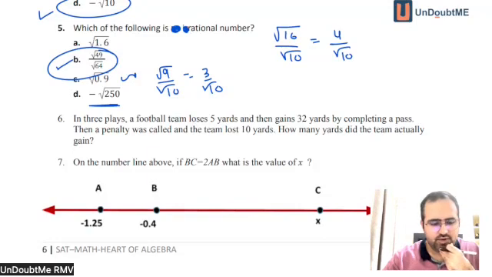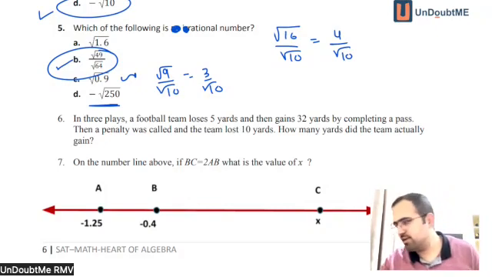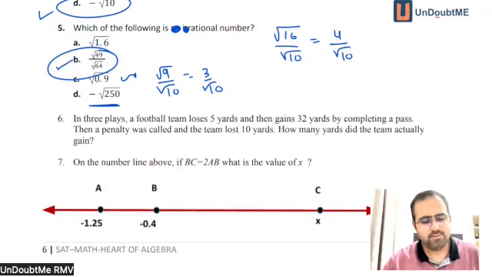Then a penalty was called and the team lost 10 yards. How many yards did the team actually gain? This question looks very confusing, but this is based on a very fundamental thing.